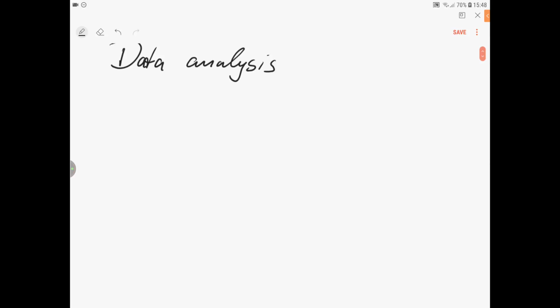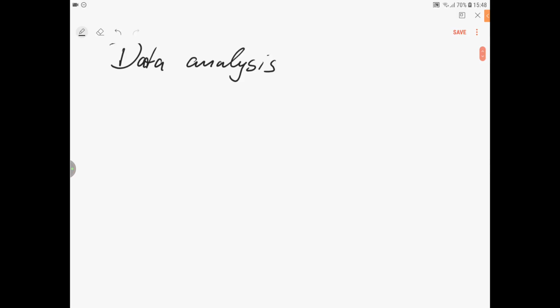Right, now what is this about? Lots of students find it rather challenging to determine what kind of equations they want to use when they analyze data.